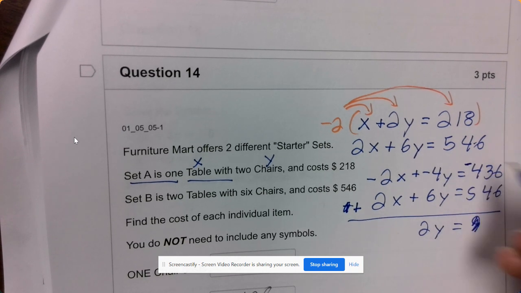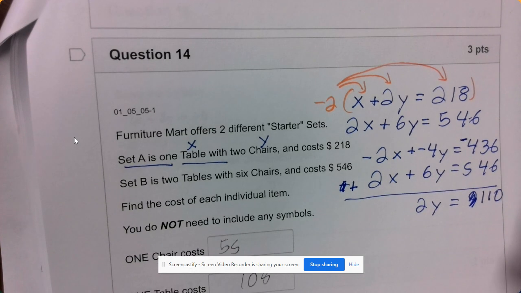That's going to be negative. Okay. So negative 236 plus 558, it's going to give us 110. Okay. So then we divide by 2. Half of 110, everybody, is going to be $55 for chairs.